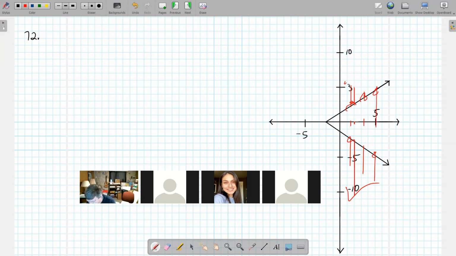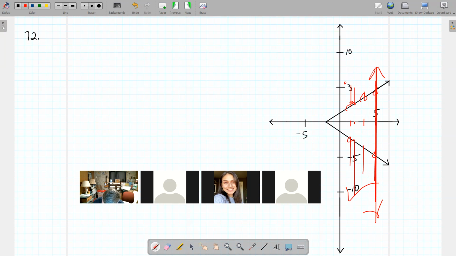Let's draw this one right here. That line goes through x equals 5. You see that? Everybody okay with that? Doesn't every point on that line have an x coordinate of 5?